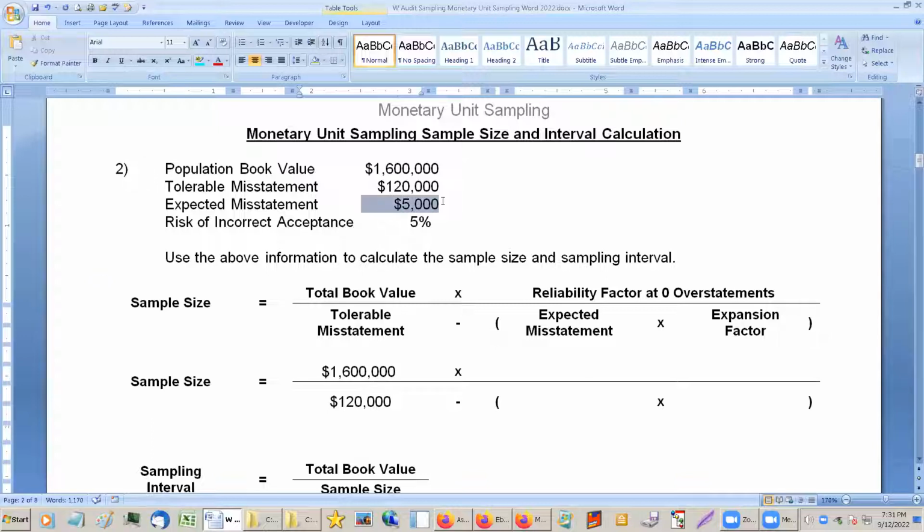Expected misstatement. Okay, so far we got that one.